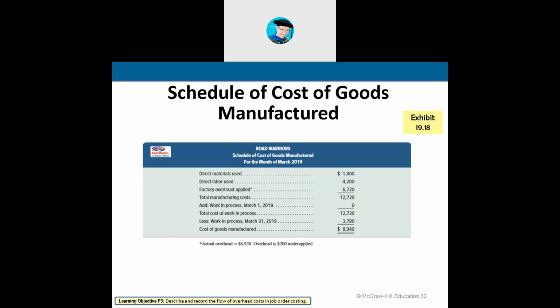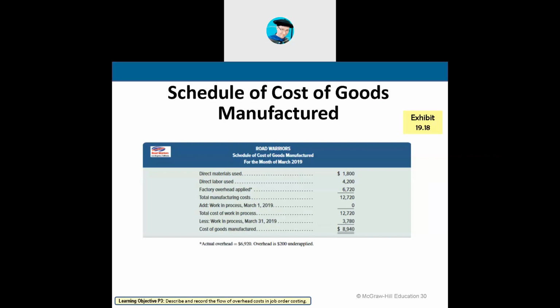What I mean by that is, in some cases, because we're using an estimate for factory overhead, for example, 160% of direct labor, because that's an estimate, it's probably not going to be 100% accurate. There might be a small difference. And when there's a small difference, that means we either over-applied overhead or under-applied overhead, in which case we need to make an adjusting entry, which we're going to talk about next.